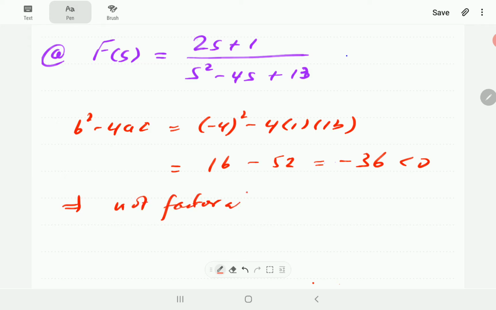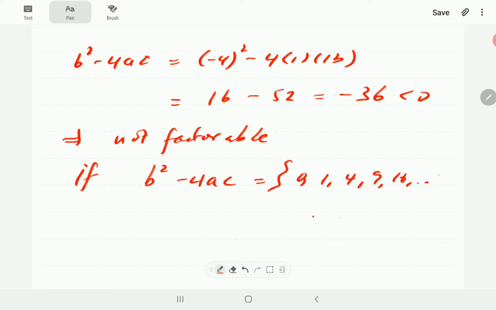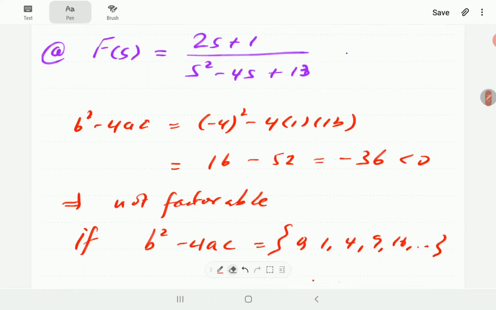By the way, if the discriminant is a square number like 0, 1, 4, 9, 16, etc., or a rational expression of these, then your quadratic is factorable. So this time the denominator is not factorable.